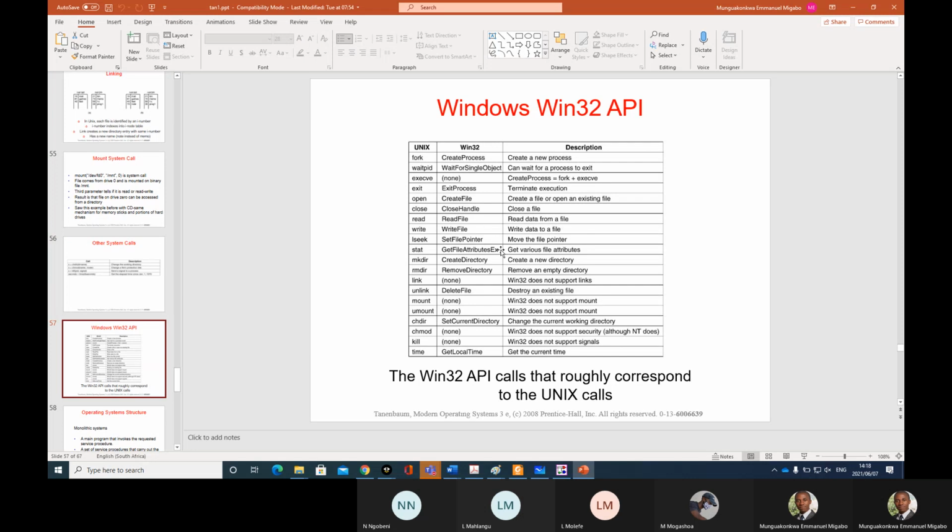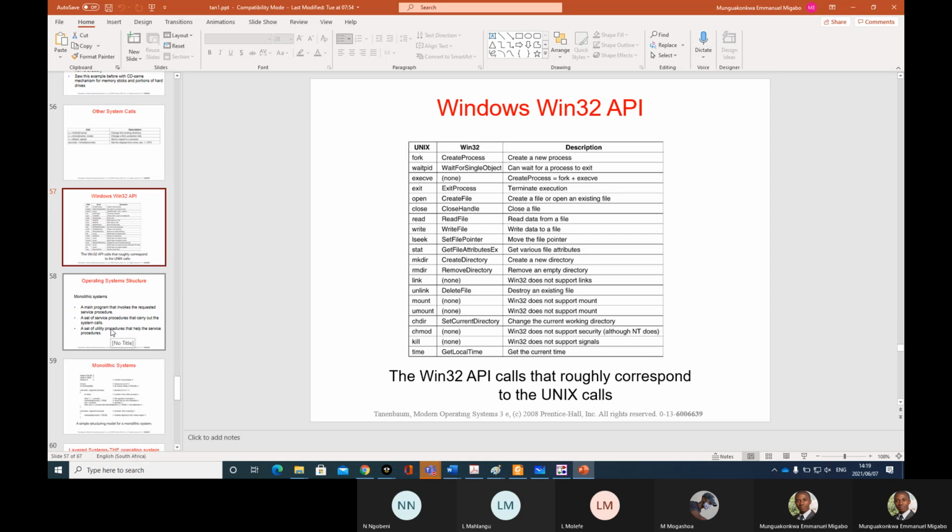Just to give the equivalence, when you're doing C++ on Windows, read file is the command you execute, or if you are writing a batch script, as we call them in Windows, you would use read file in your script. But if you're on Linux, you use read only. So there are some equivalences between the two operating systems when it comes to their system calls.